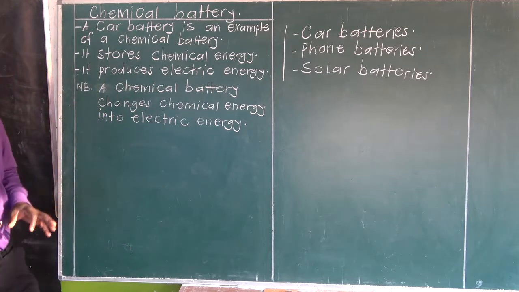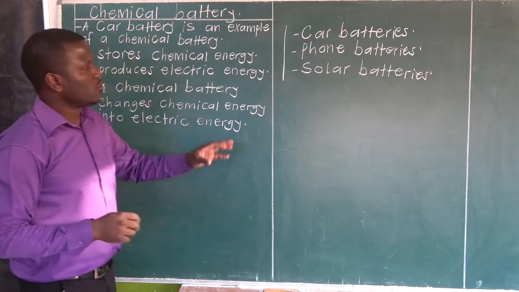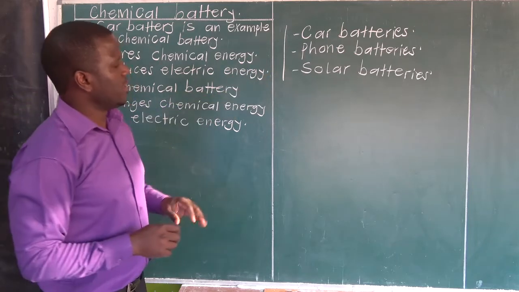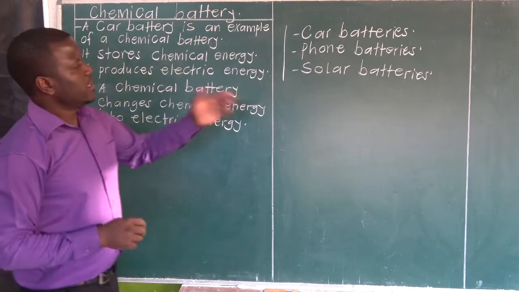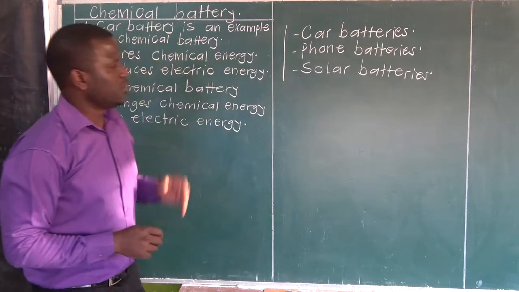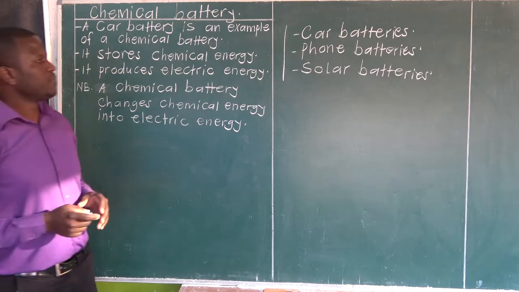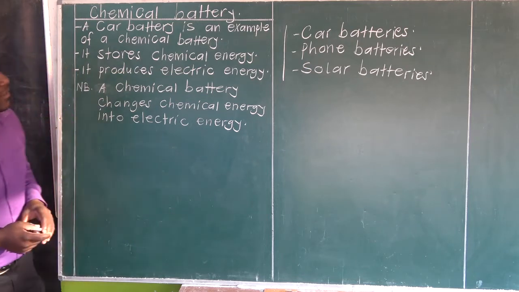We said secondary cells are cells that can be recharged. So, you can take a car battery once it loses electricity and you charge it. The same applies to phone batteries. That's why we charge our phones once they run out of power. So they are examples of secondary cells.